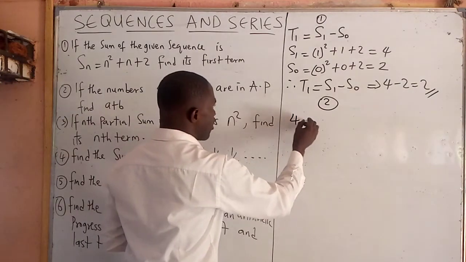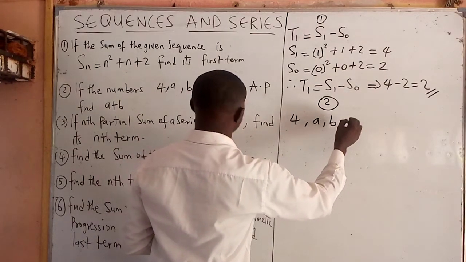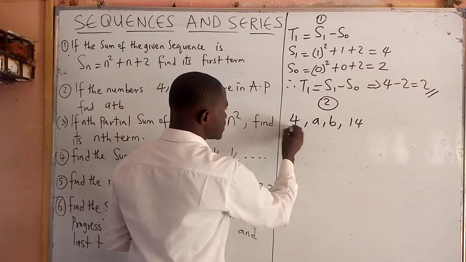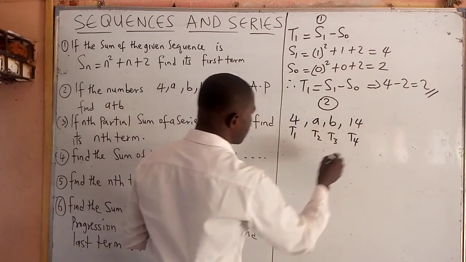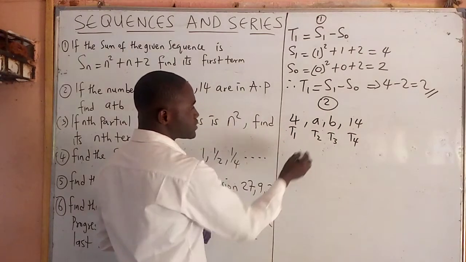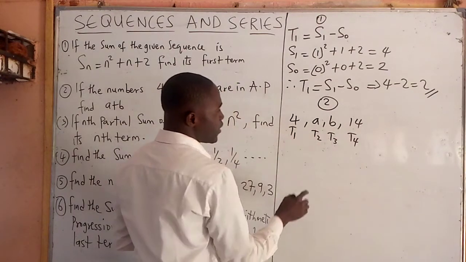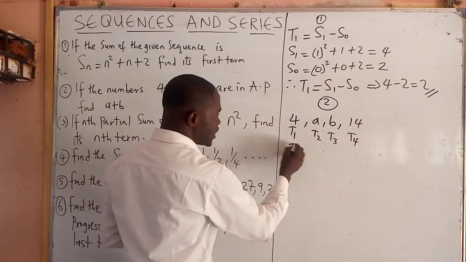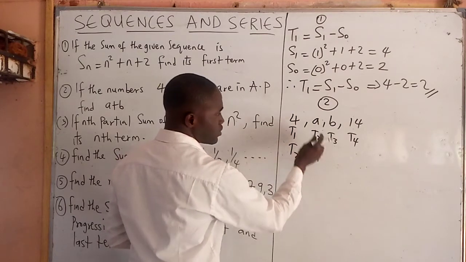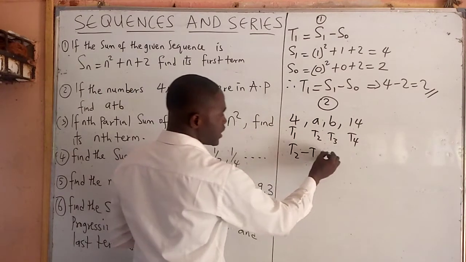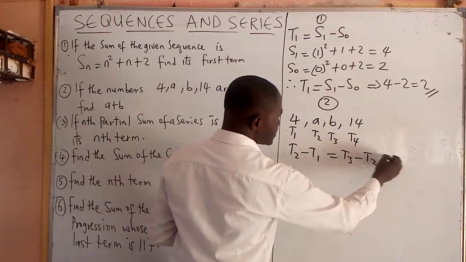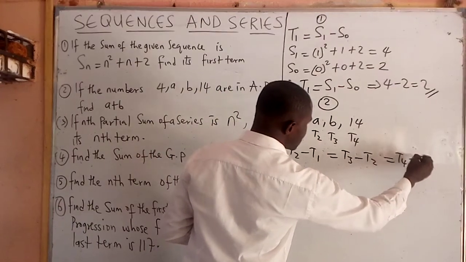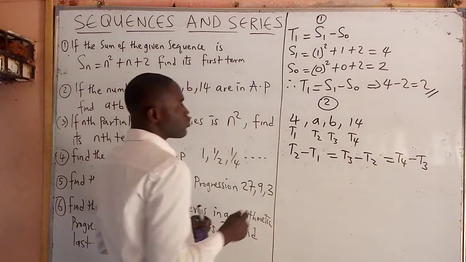They say 4A, B, 14. Call this T1, call this T2, call this T3, call this T4. It is an AP. AP says T2 minus T1, if this minus this, is the same as T3 minus T2, and the same as T4 minus T3. Now see what we will do.